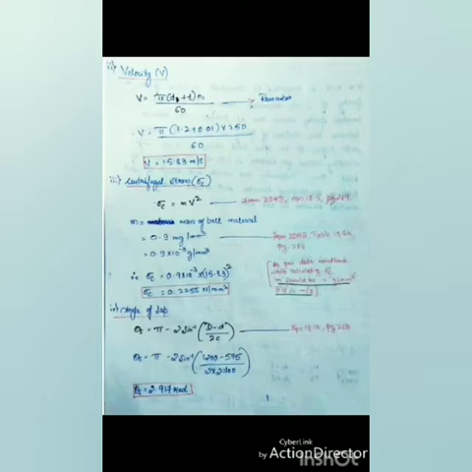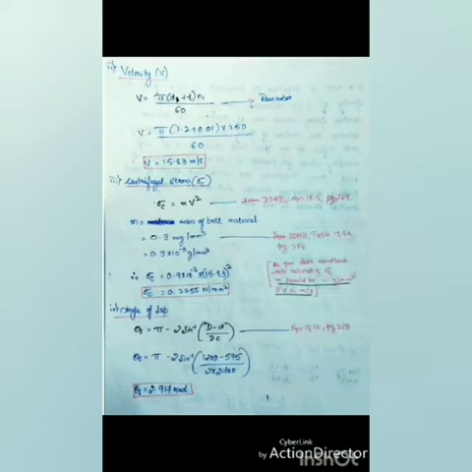Substituting those values, I am getting velocity 15.83 meter per second. You can also find this velocity using the smaller pulley, V equal to pi into D2 plus T into N2 by 60, and you will get the same answer, V equal to 15.83 meter per second.